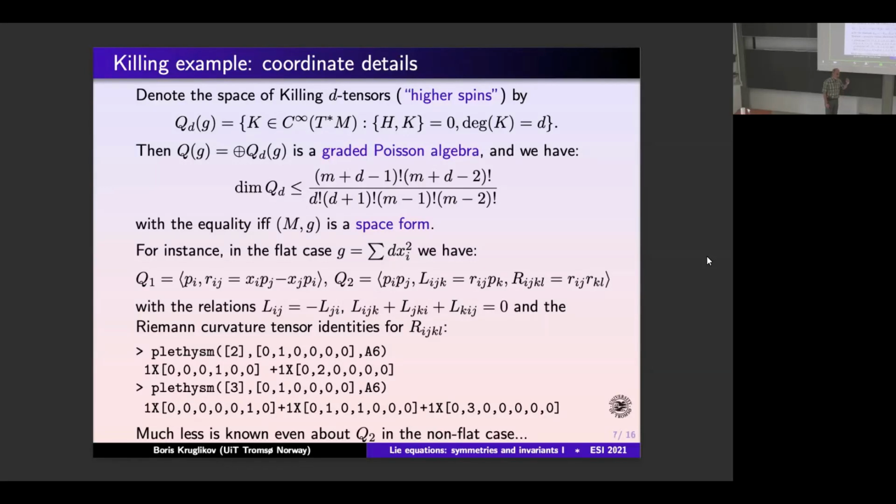If you take all possible metrics, but not of constant curvature. I mean, by non-flat, you mean non-constant curvature. Oh, yes, sorry, I confused because from this viewpoint, there's no difference between flat and constant curvature. Well, there are some results, but this is not complete.